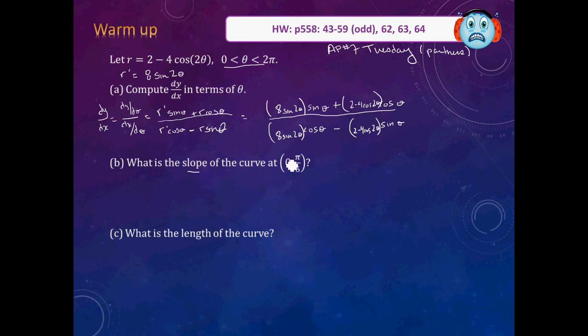What is the slope of the curve at a point? So at theta equals pi over 6.